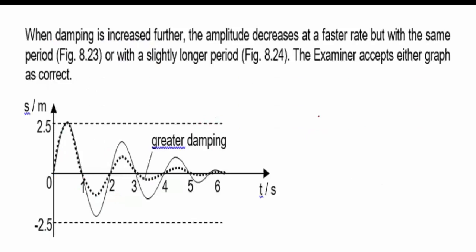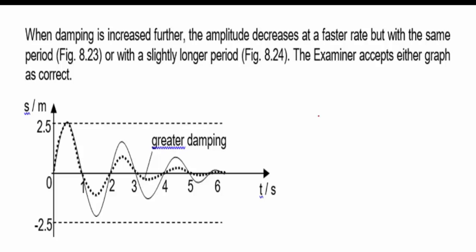Now, if you increase the resistive force to a larger value, it will take away energy at a faster rate. Then we say we have a higher damping. In this case, the amplitude will fall even faster. When that happens, you expect the period of oscillation to increase slightly also.